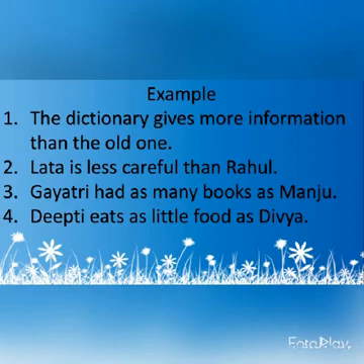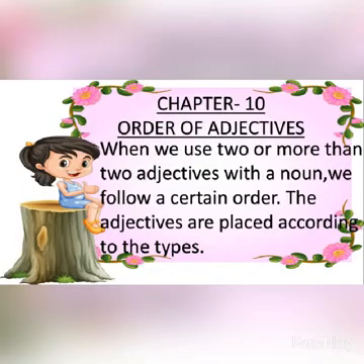I hope that the comparison of adjectives is clear to everyone, and now you will be able to use these sentences in a proper way. Moving on to our next topic, that is chapter 10, order of adjectives. So what is order of adjectives?